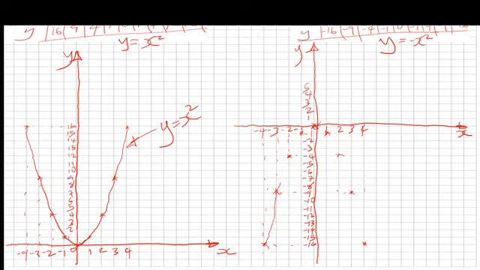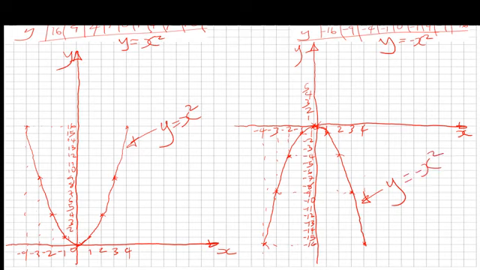Draw properly. Okay, so it's like that. Now from here we look at the curve that we came up with. This is for the second function, y is equal to negative x squared.